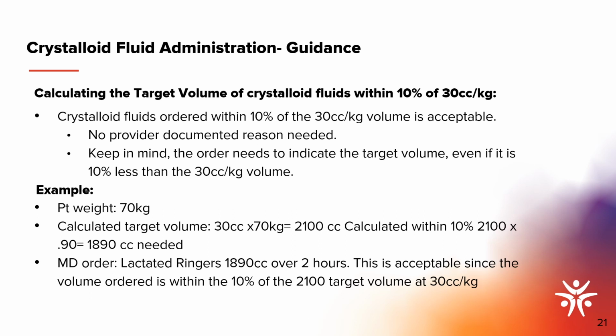So the MD order that goes along with this example is lactated ringers 1,890 cc's over 2 hours. This is acceptable since the volume ordered is within the 10% of the 2,100 cc's full target volume at 30 cc's per kilogram. Again, we don't need a reason for this.